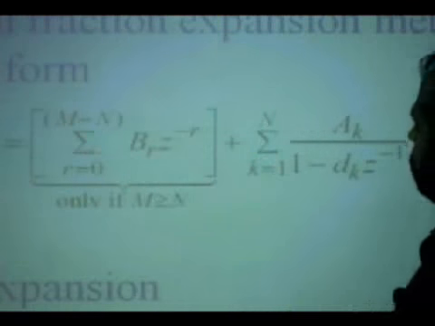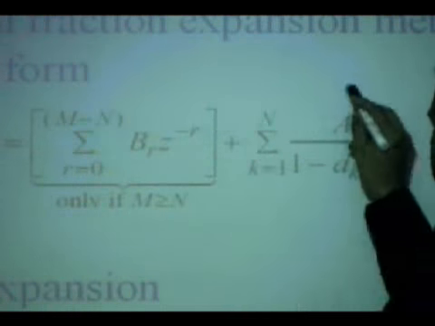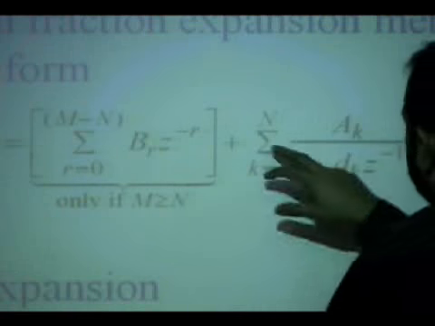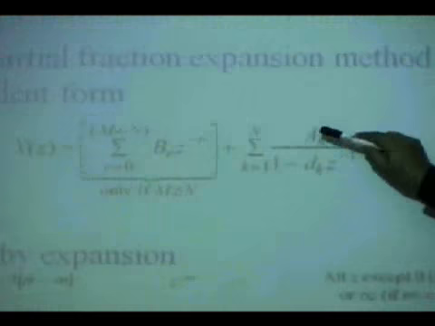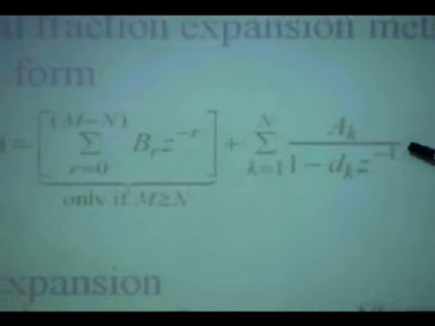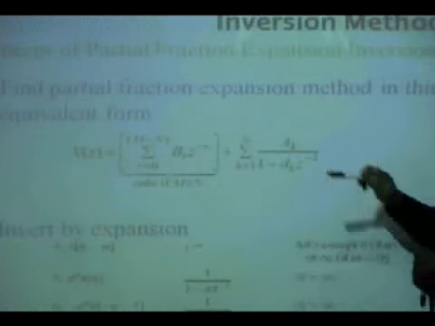I'll show you an example. Then you have all the partial fractions of the expression. The Ak are constants which you compute, and 1 minus dk z^-1 is in the denominator.